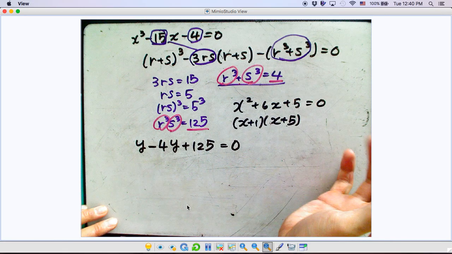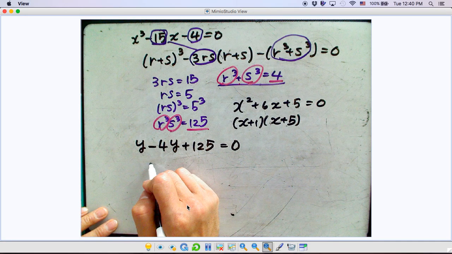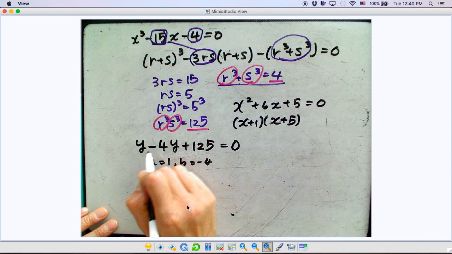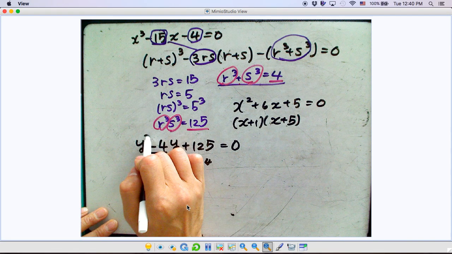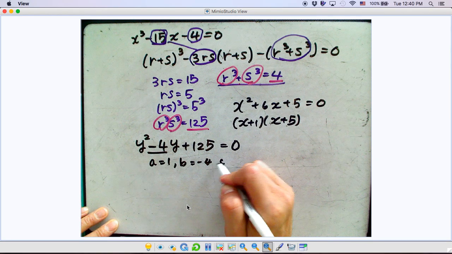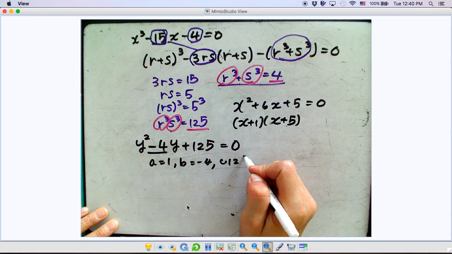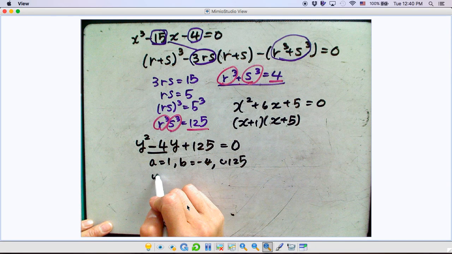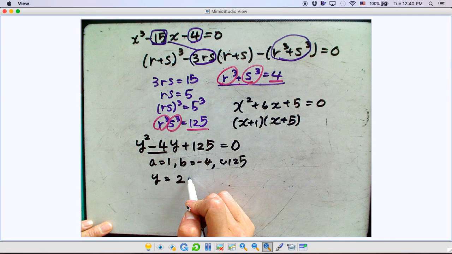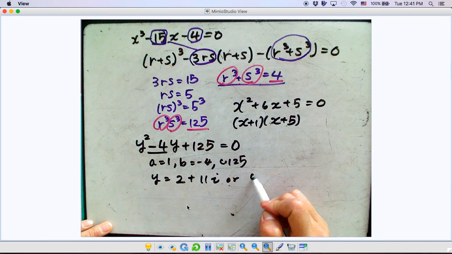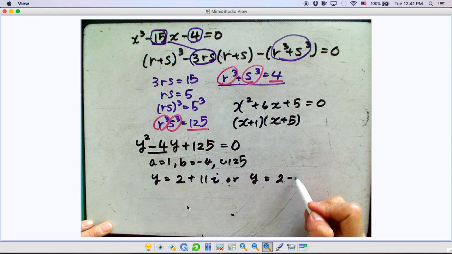Using the quadratic formula, plugging in a equals 1, b equals negative 4, which is the coefficient of y, and c equals 125. Long story short, we'll have y equals 2 plus 11i, or y equals 2 minus 11i.